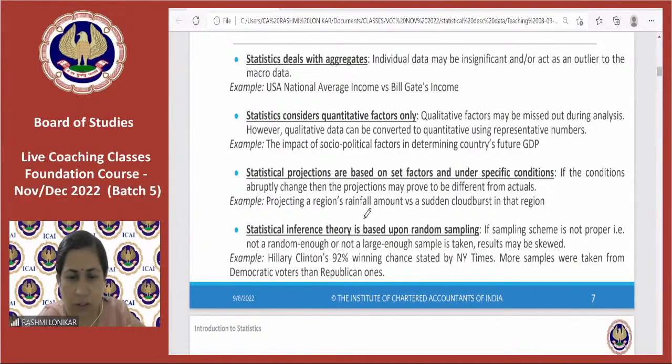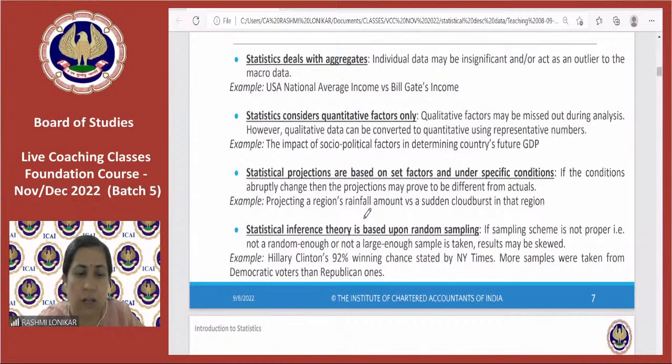All this is not considered. So socio-psychological factors are missed out when we are dealing with statistics. But now, more and more data on ESG, environmental, social, and gender factors is also being collected and processed.